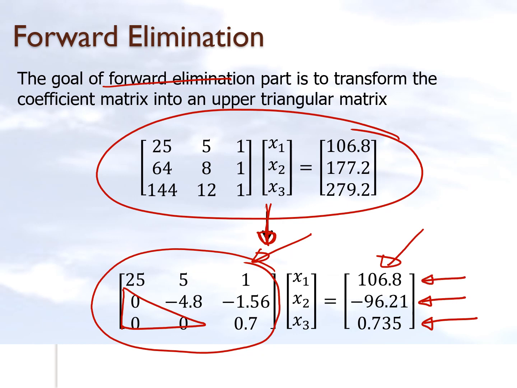If you look at the third last equation, or in this case, the first equation, it has three unknowns, x1, x2, x3, but you just found out x2 and x3. So you are able to find out what the value of x1 is. So bottom line is that forward elimination basically translates the equations into one equation, one unknown type. And who doesn't like to solve one equation, one unknown?